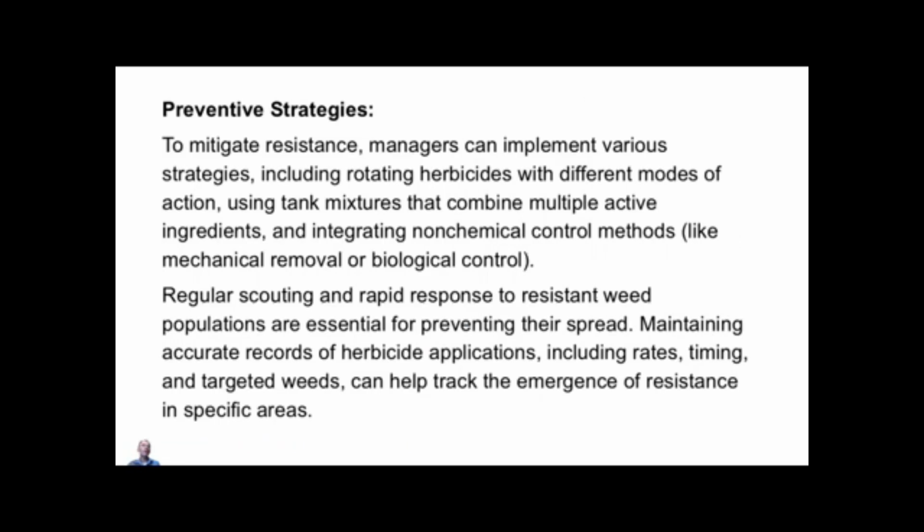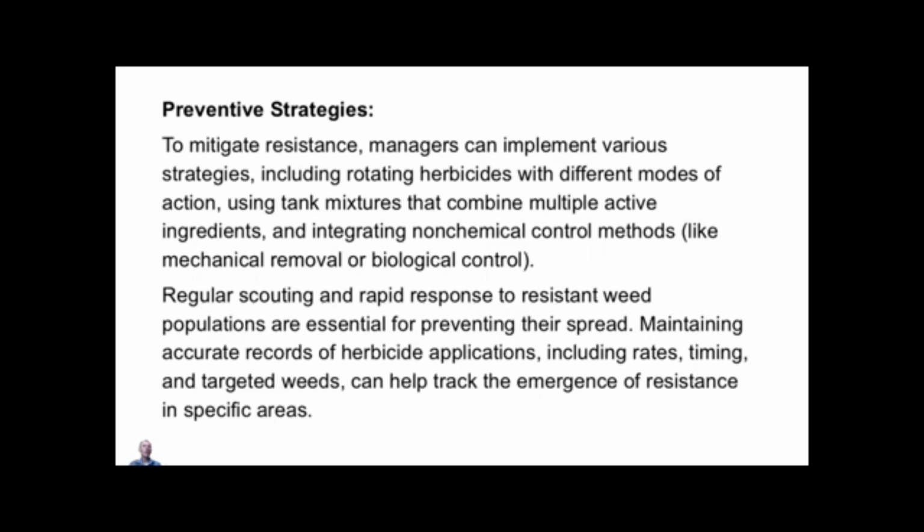Preventive strategies. To mitigate resistance, managers can implement various strategies, including rotating herbicides with different modes of action, using tank mixtures that combine multiple active ingredients, and integrating non-chemical control methods like mechanical removal or biological control.